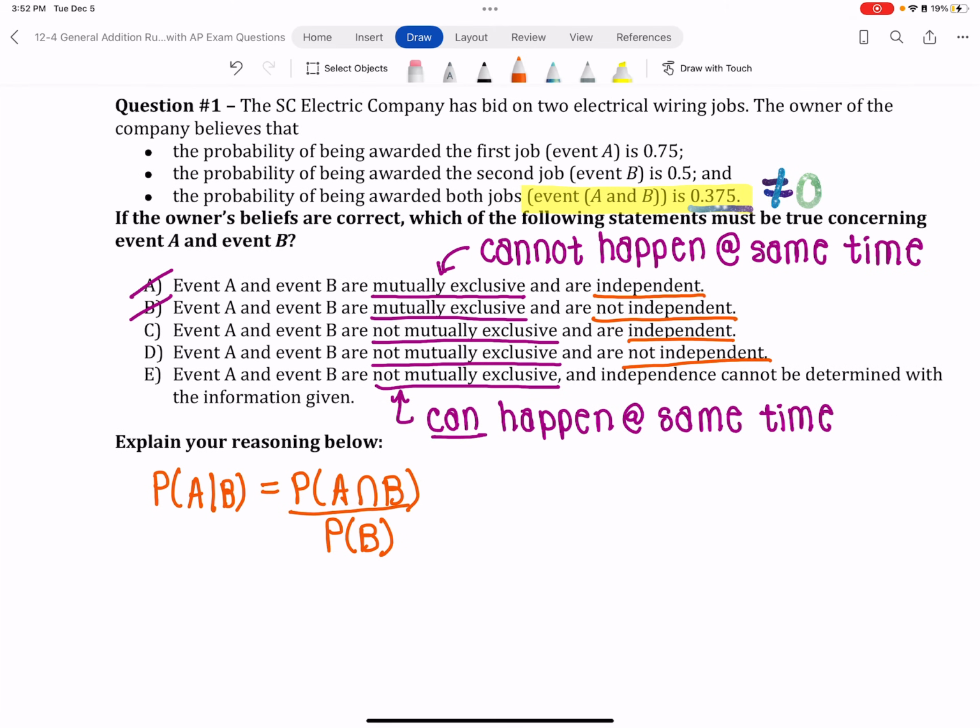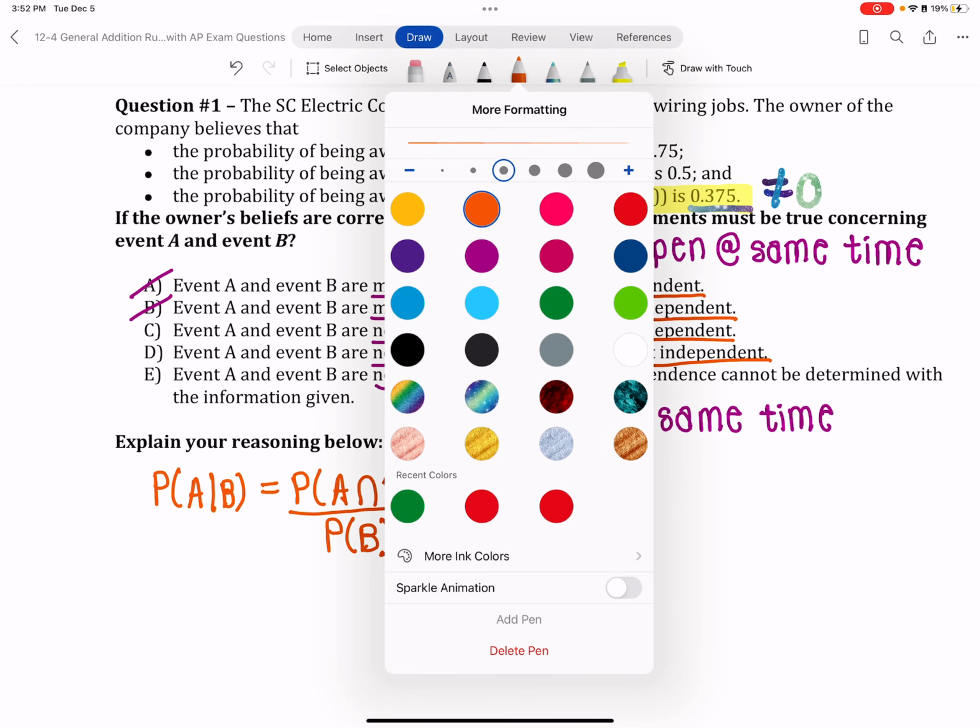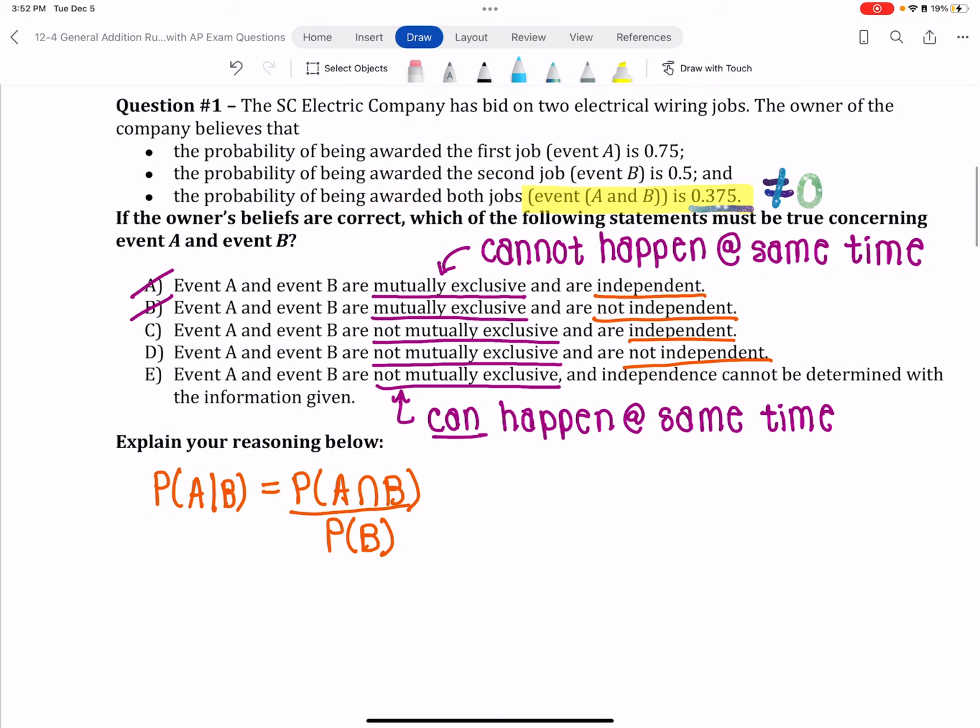And if we cross multiply, we actually end up with probability of A and B happening is the probability of A given B times the probability of B. Well, what happens if we don't care about our given B?